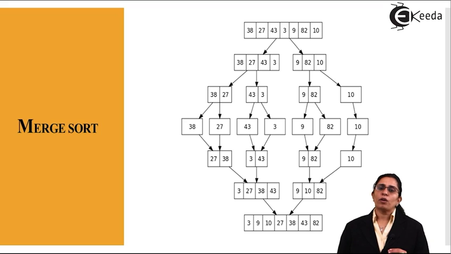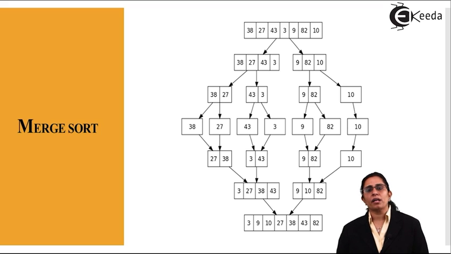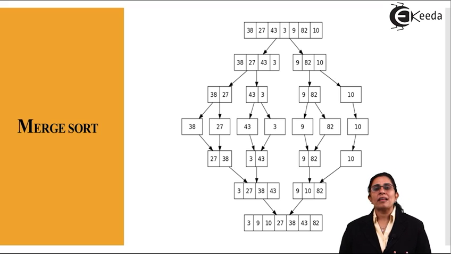So here what we have done, we have divided the elements and then recursively made the list into single element, and then we have merged them, sorted them, and in the end we see that the solutions of all the sub problems gave us a final sorted solution to my list.